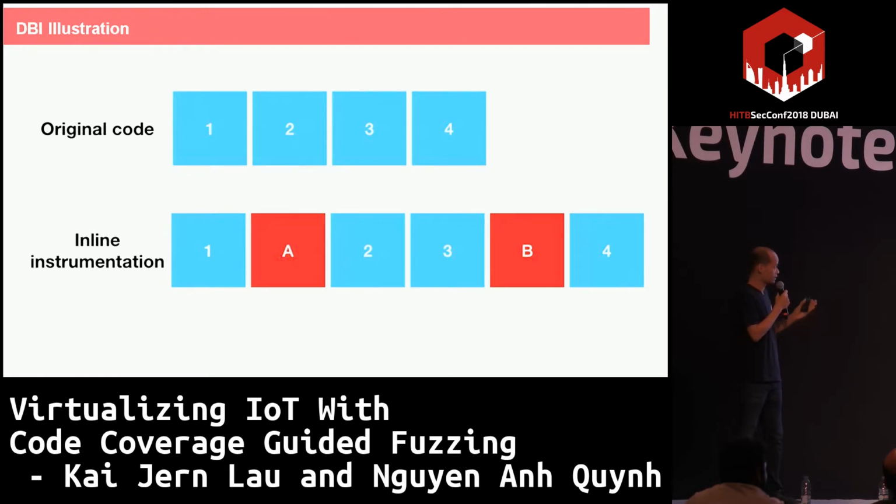So instead of running 1, 2, 3, 4, after instrumentation you run 1, then A, which does something first and returns, then we run 2, 3, and next we run our other instrumentation B, and after that we return and run 4. But remember that A and B should not change the behavior of the program.